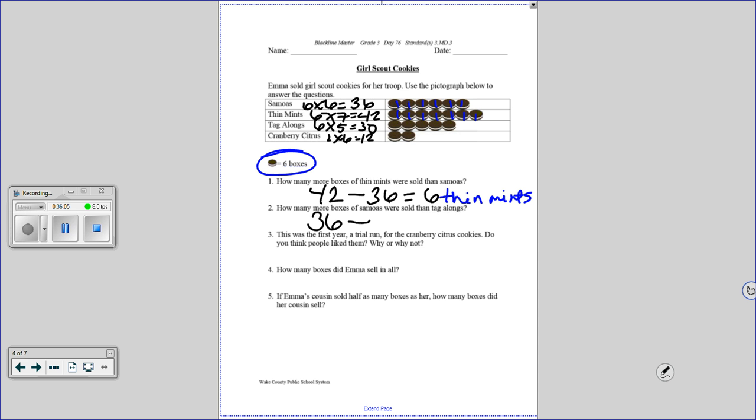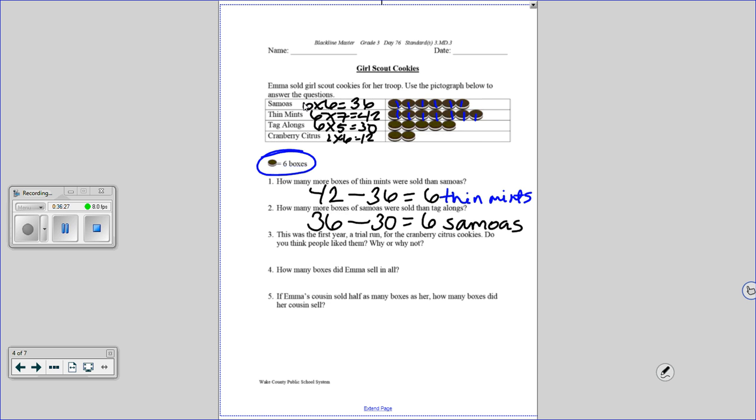Subtract. How many Tagalongs, Colin? 30. 36 minus 30 equals how many? Aiden? 6. We got it! Number 3.